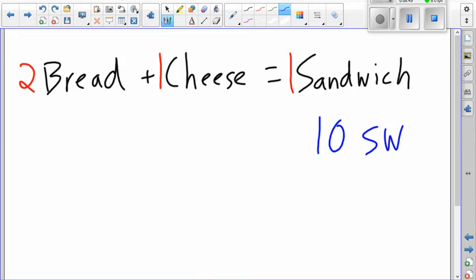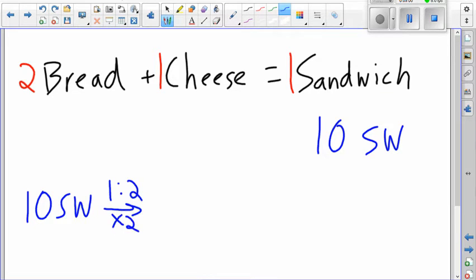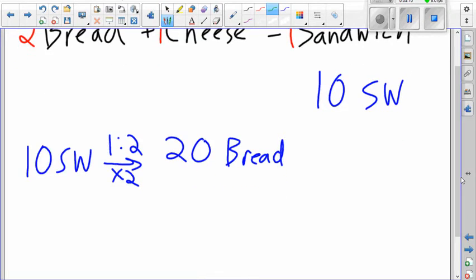So you might do something like this. All right, so 10 sandwiches, that's in a 1-to-2 ratio with bread, so that means I need 20 slices of bread. Now you would have to do a second, totally separate calculation, and they may start the same way.